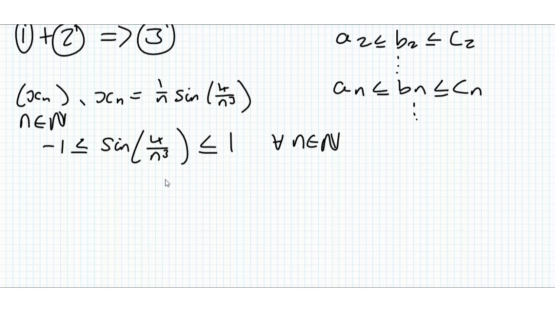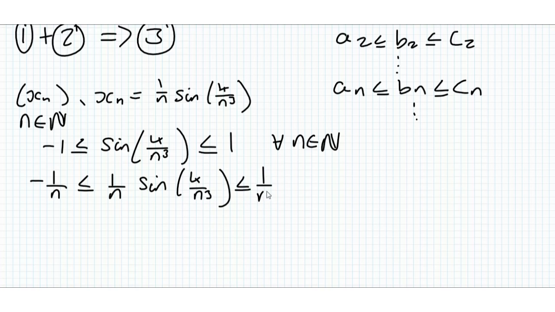Since n is a natural number, 1 over n is greater than 0, so we can multiply through by 1 over n.